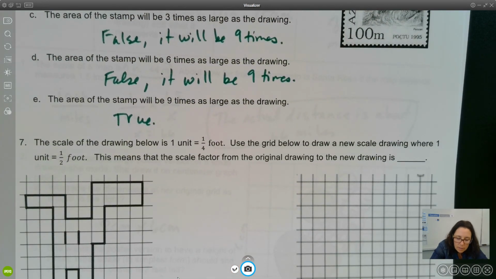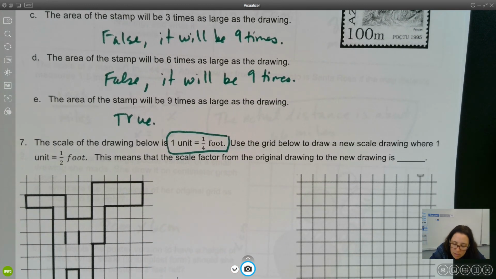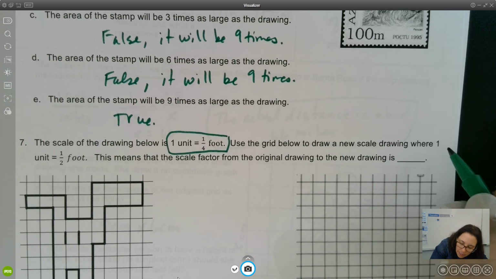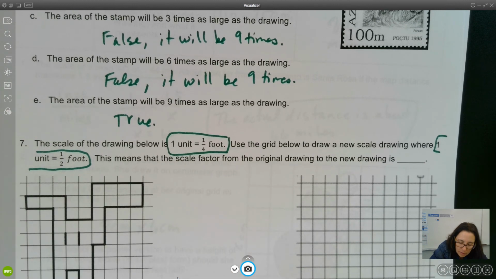Okay, the scale of the drawing below is 1 unit equals 1/4 foot. Use the grid below to draw a new scale drawing where 1 unit is 1/2 foot. Okay, I kind of wish that 1 came down here. This means that the scale factor from the original drawing to the new drawing is, okay, so let's think about that.